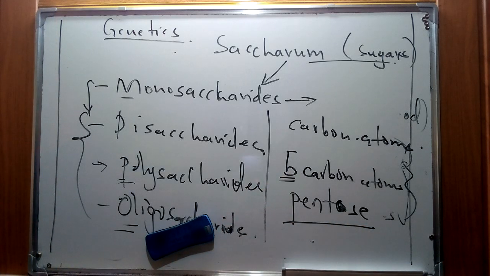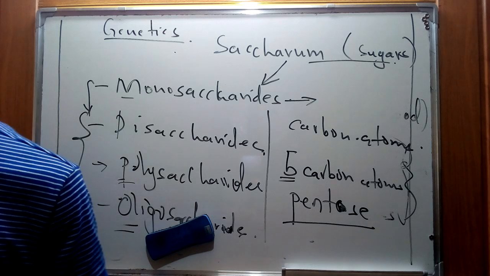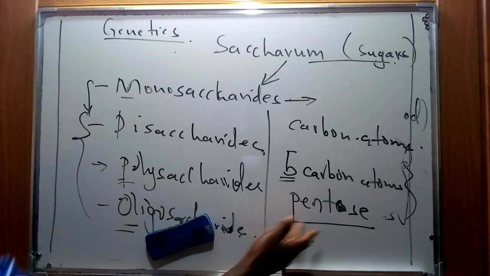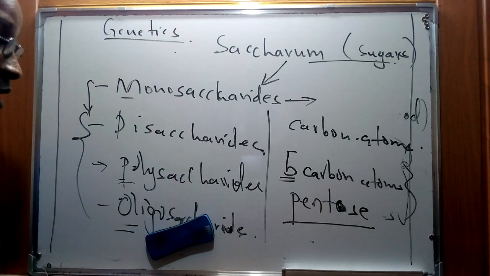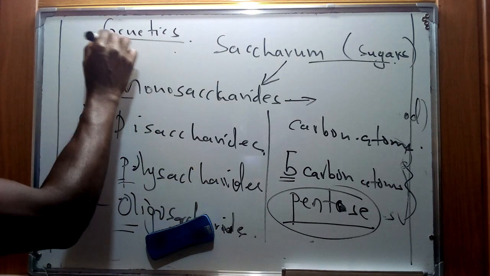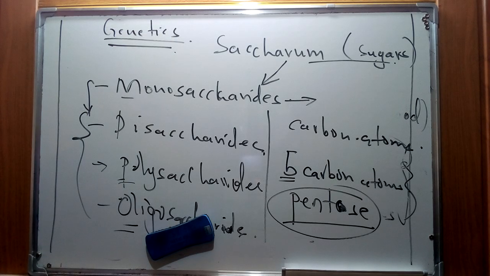Now, I've mentioned that specific class intentionally because it's from this class of pentoses that we're going to derive our basic nucleic acids, which are going to be used in this discussion, which are known as the riboses or ribose sugars.